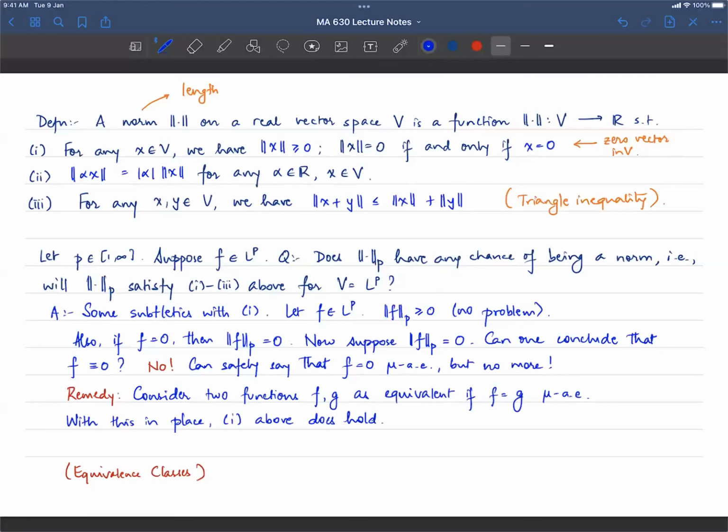The reason this first property of the norm holds is because suppose the norm of f sub p is 0, then f is 0 almost everywhere. But wait, now we have reached an agreement. We are going to consider two functions the same if they're equal almost everywhere. So if f is 0 mu almost everywhere, then f is f and 0 is g, and f and g are the same thing.